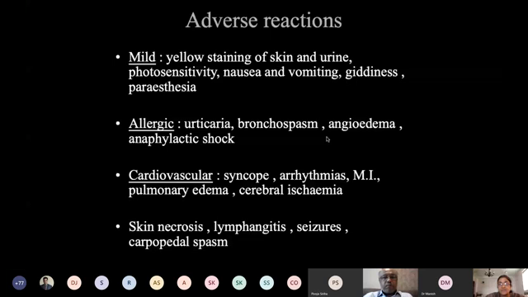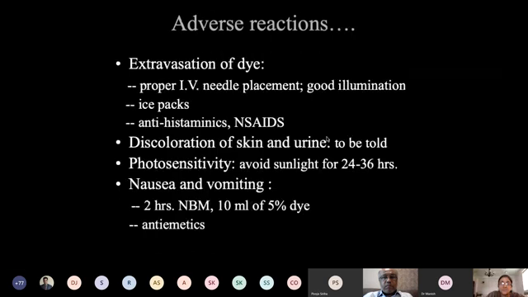When you have extravasation, you have to check whether there is proper placement of your IV needle, and you need good illumination to identify it. Sometimes you place your scalp vein, dim the lights of the room and keep injecting the dye, and it is very late that you identify that there has been a displacement of your cannula and all your dye has gone into the subdermal space.